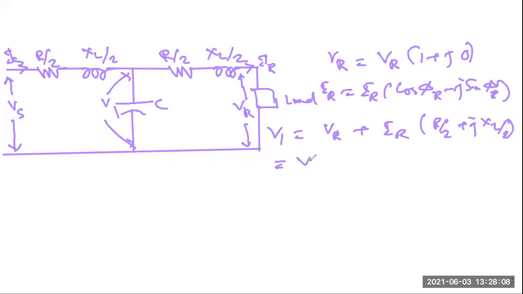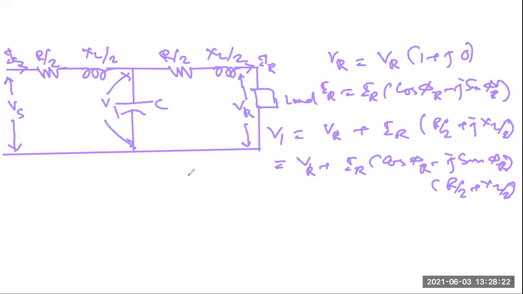Now this will be equal to VR plus, substituting the value, IR into cos phi R minus j sin phi R into R by 2 plus j XL by 2. Yes or no? Any doubt? No, sir.